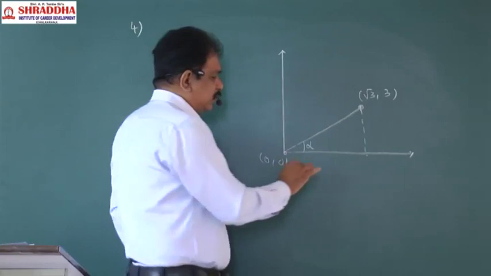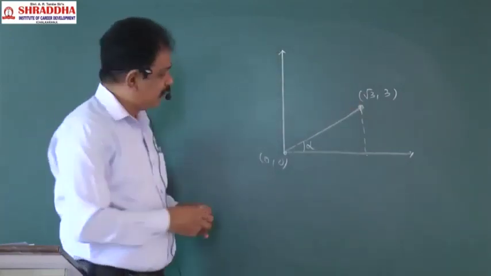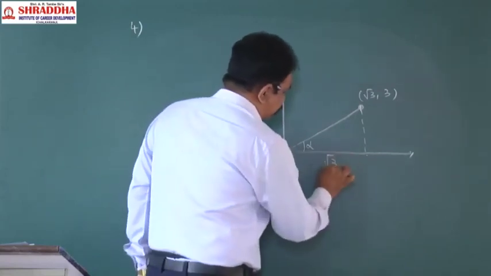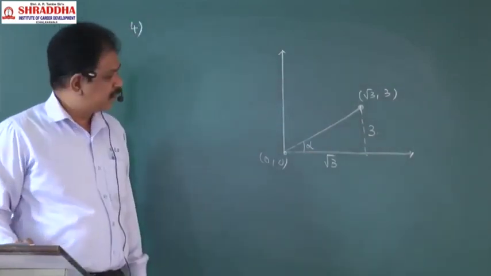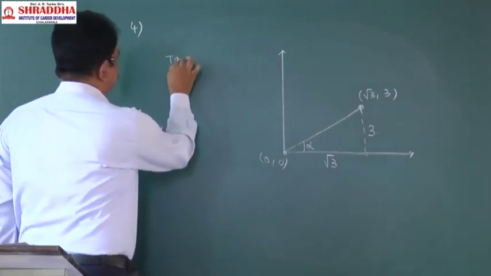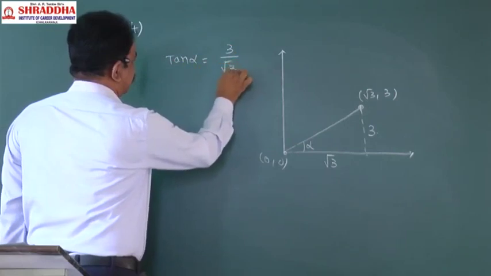So this distance value will be root 3. This value is equal to 3. So what we will get here, tan alpha is equal to 3 by root 3.